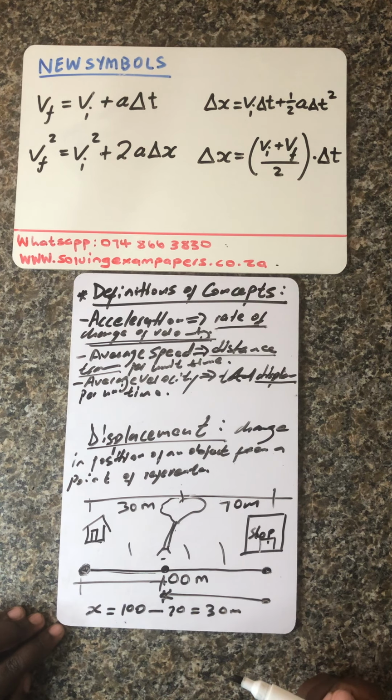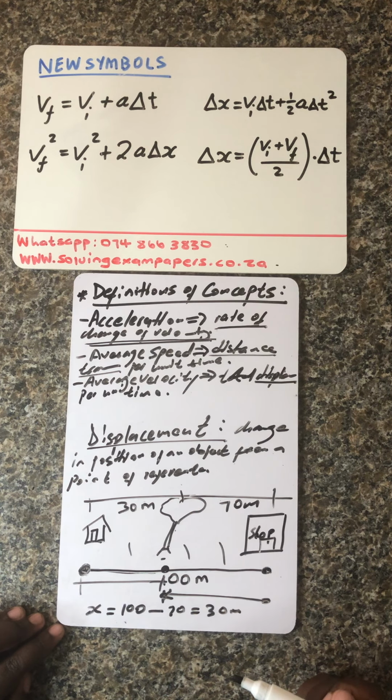So now let's talk about speed, and not average speed. Obviously, ladies and gentlemen, in terms of an equation, speed is equal to the change in distance over the change in time.